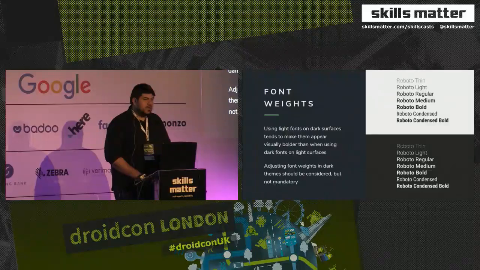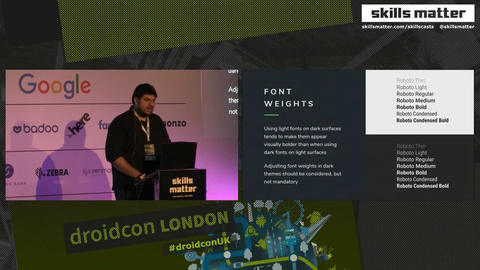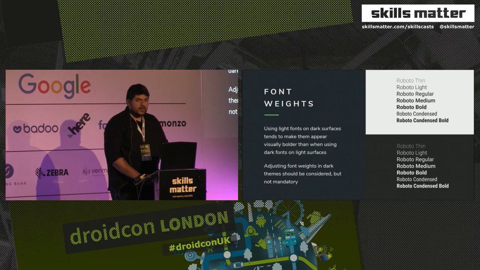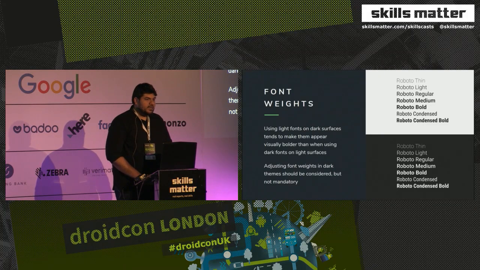But if you compare them side by side, it's completely a visual phenomenon where light text on dark backgrounds tends to appear a little heavy. It's something that you might not have to tweak or even think about, but you should keep in mind because it might play a role in how importantly text is highlighted in certain parts of the UI.